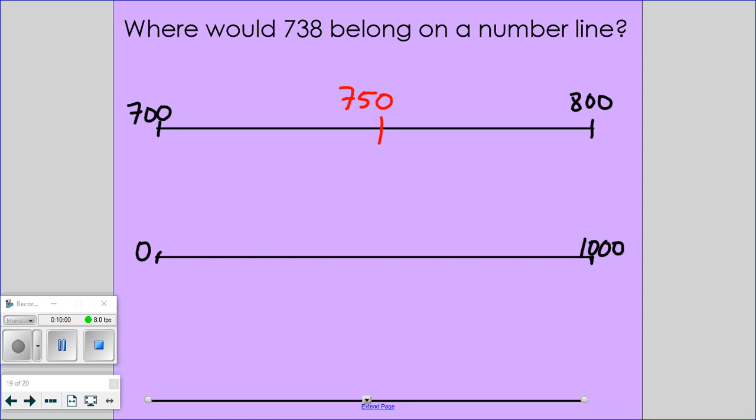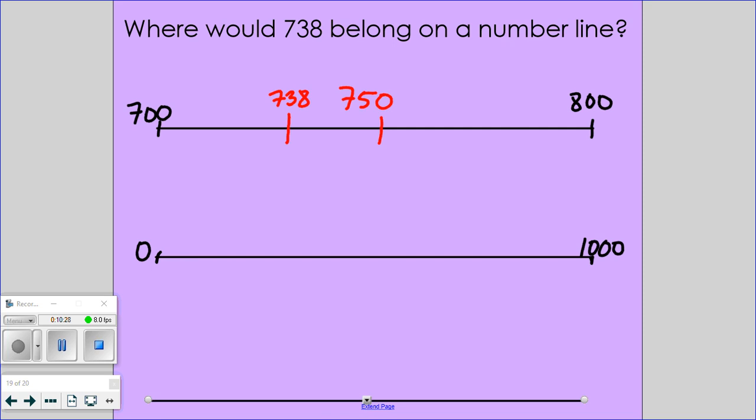Sort of in the middle between 700 and 750. It's in the middle-ish, but it starts to get closer to one number. Which number is it starting to get closer to, Kylie? Yep. It's starting to get a little bit closer to 750. It is kind of in the middle, but we're getting closer to 750.